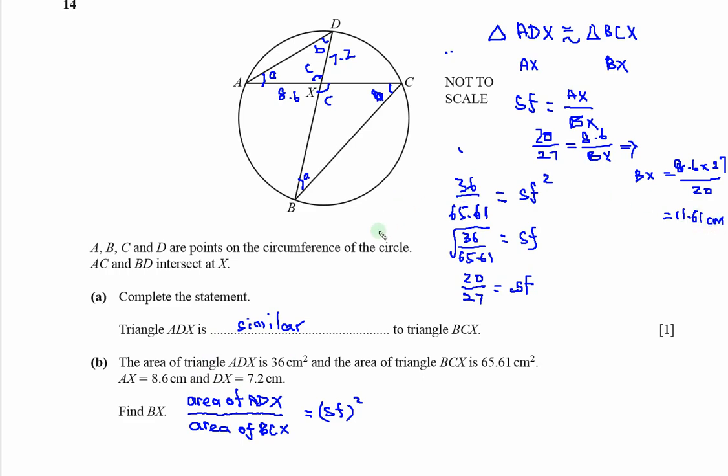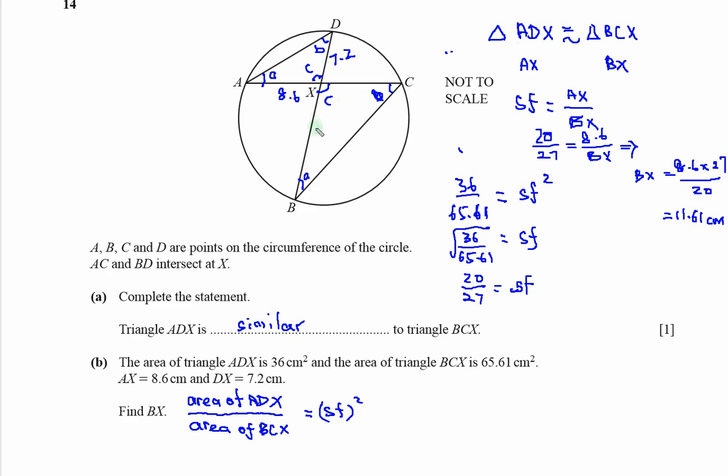Okay, that's it. Now, one question: why do they give you the DX? Okay, the intention is to create confusion. If you do not define it correctly, you may end up using DX, then you get the wrong answer. But when you establish the similar triangle comparison, remember you follow the position.